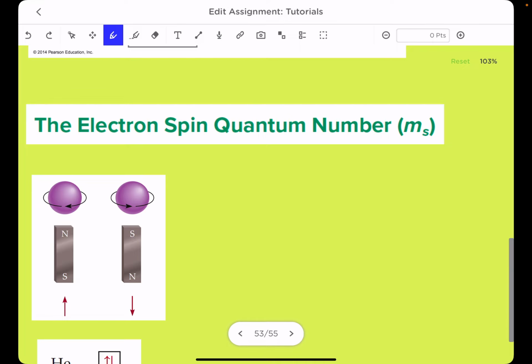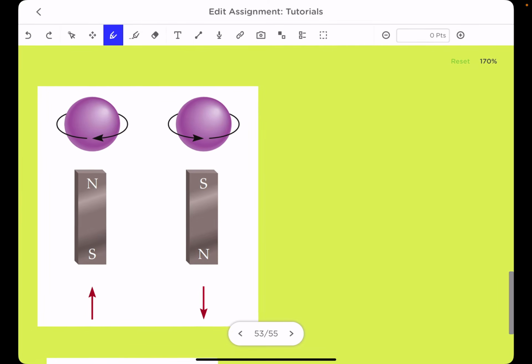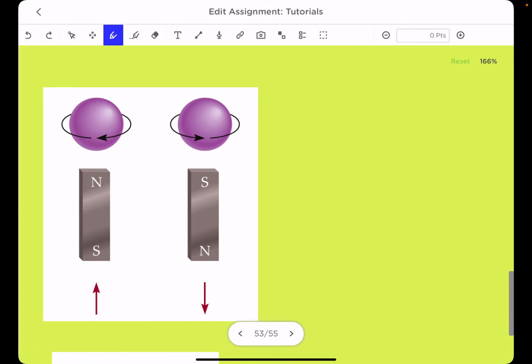According to electromagnetic theory, a spinning charge generates a magnetic field, and it is this motion that causes the electron to behave like a magnet. Let's look at this figure.